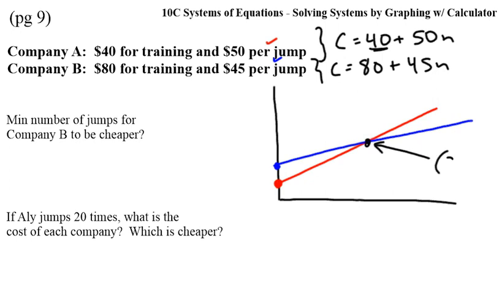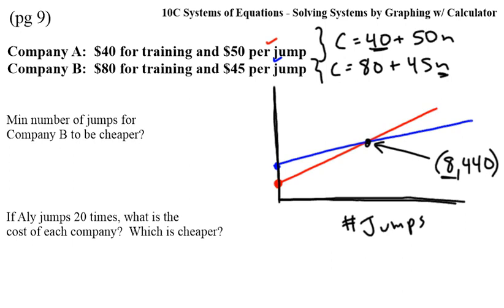So we need to make sure we understand what the (8, 440) means. What does x represent? What was our x value? Number of jumps. And what was our y, dependent? That was cost. So understand what the two values mean. Independent says that this is the point where they're the same.